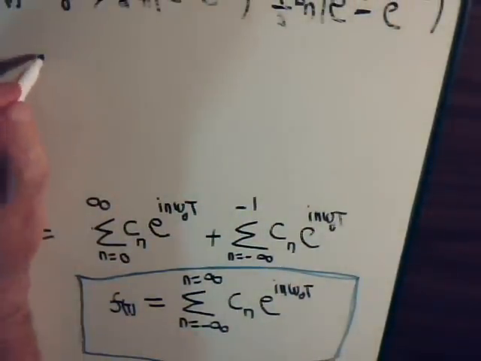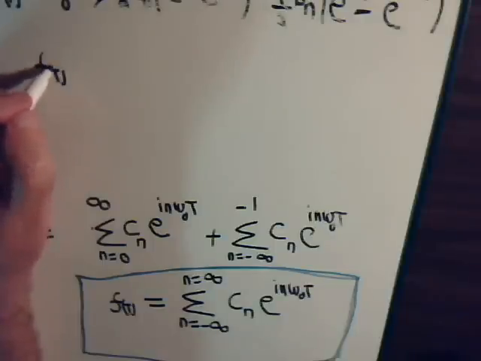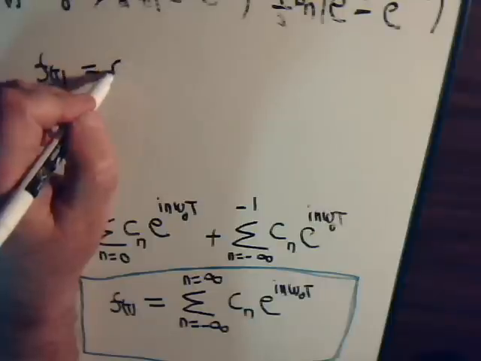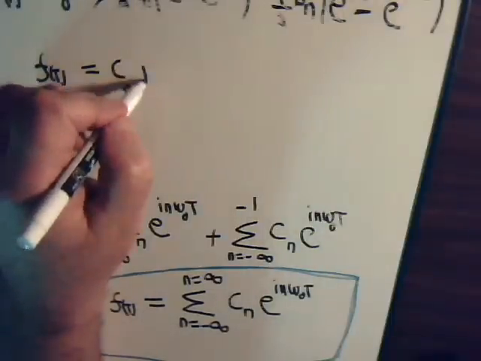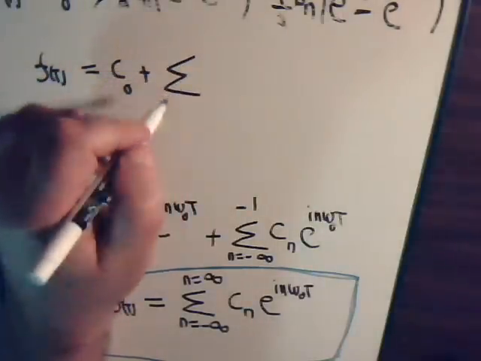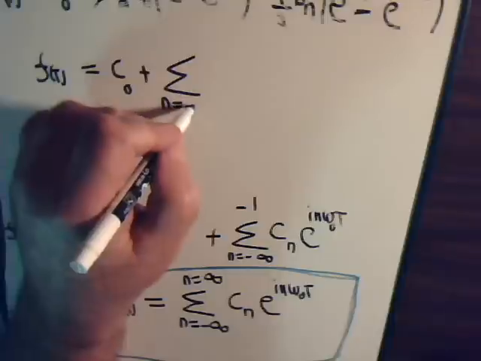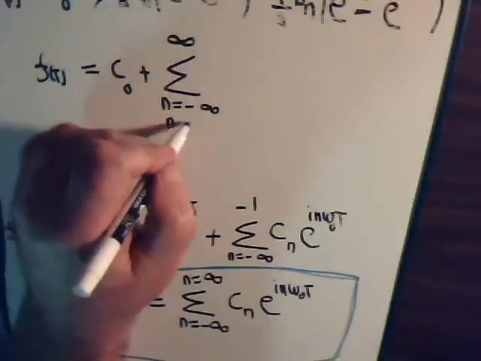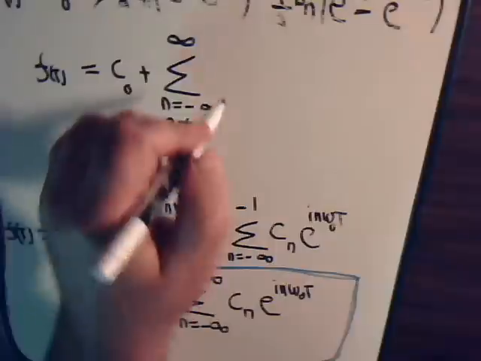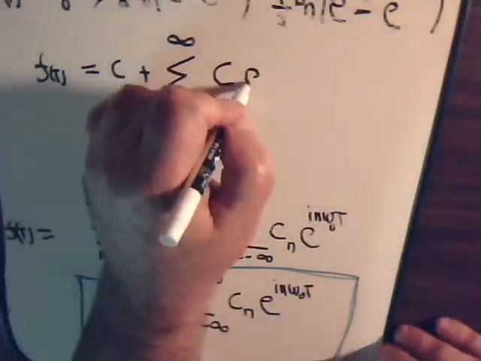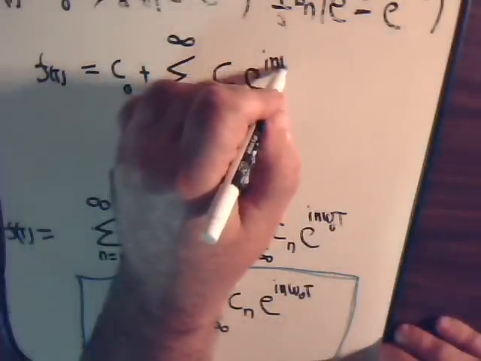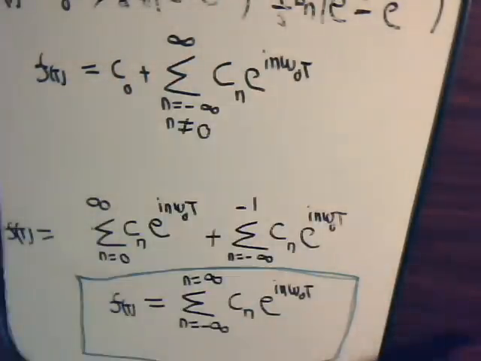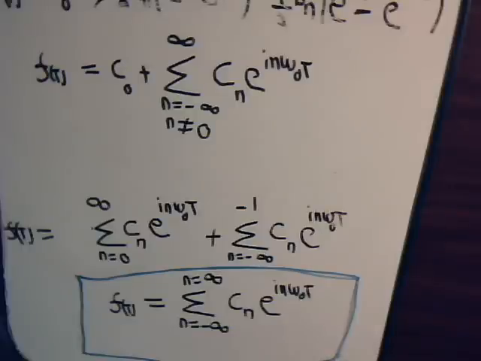Sometimes you'll see it like this: f of t equals c0 plus the sum n equals minus infinity to infinity, n does not equal 0, of c sub n e to the i n omega t. Okay, that's all we have time for in this video.